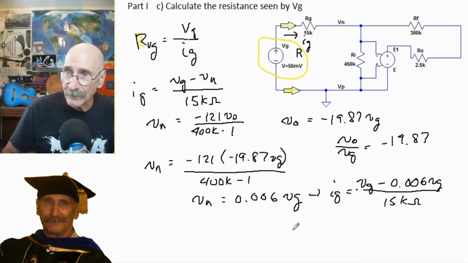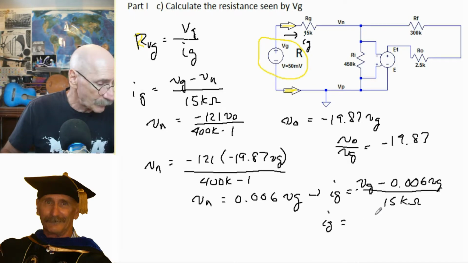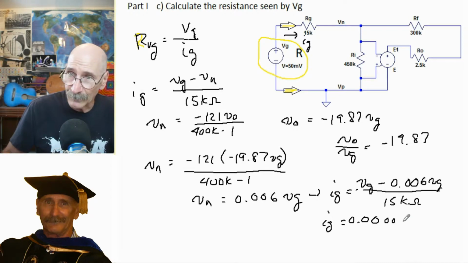And that comes out to IG equals 0.000662667 VG.